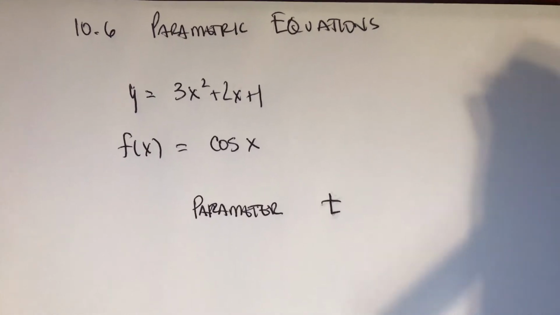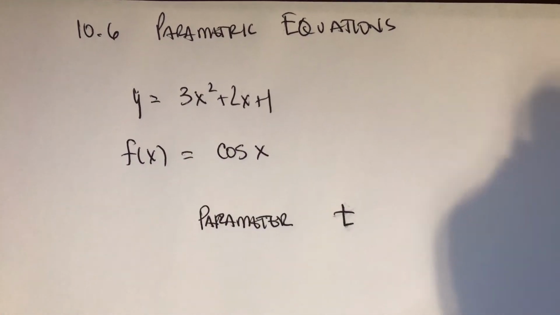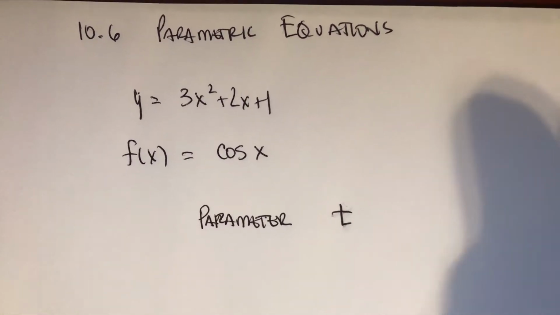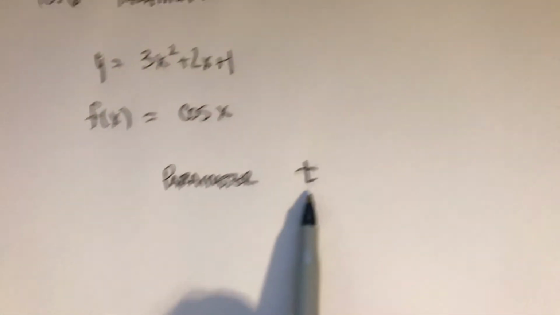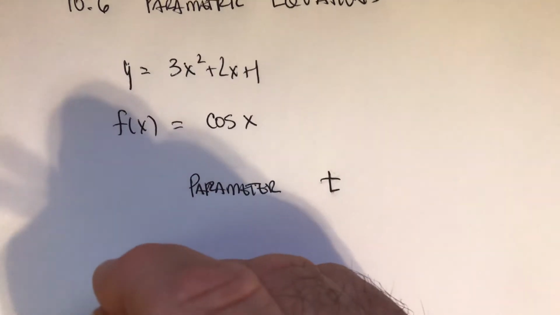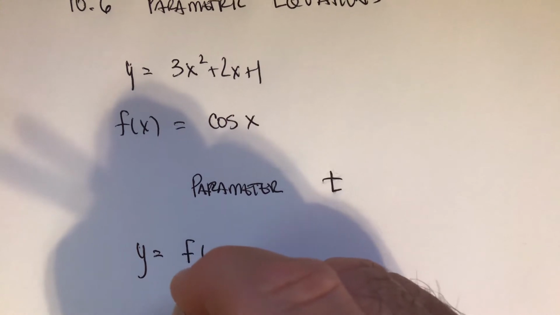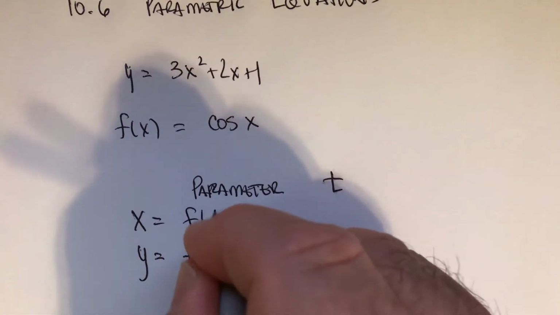So in parametric equations, both x and y are functions of some other variable, and that other variable is typically t. So y is some function of t, and x is some function of t.